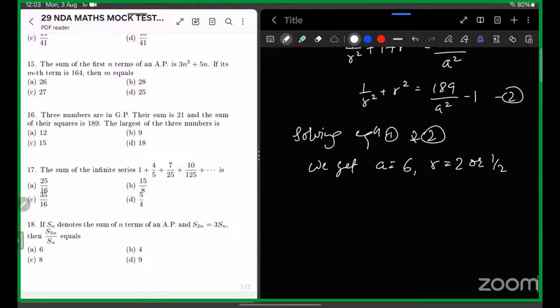Two values will be there. Therefore, the numbers in GP will be, first number a by r, that is 6 by 2, it is 3, then 6, and then 12. So which is the greatest of this? 12 is the greatest number.